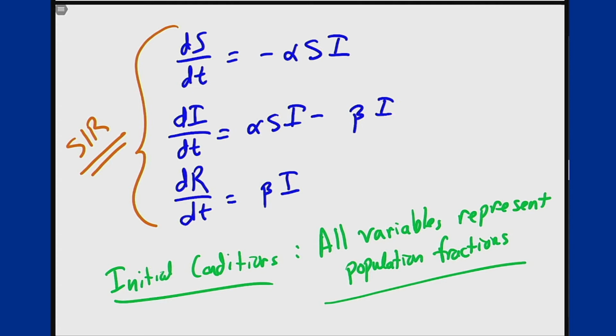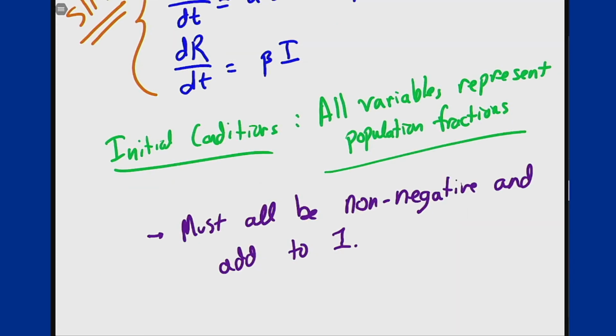What that means is the initial conditions must be all positive, or at least all non-negative, and all add to 1. In general, it also makes sense for the initial value of R to be 0 because at the start no one's recovered yet, and the initial value of I to be relatively small compared to S because only a small percent of the population has the disease that they are spreading at the start of an epidemic or a disease outbreak.